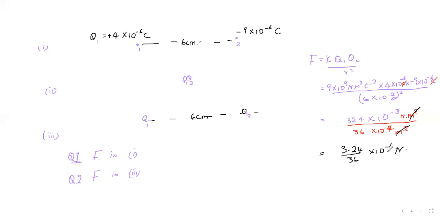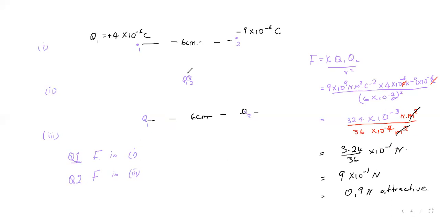So 324 divided by 36. That gives you 9. 9 times 10 to the power minus 1 Newton, which is 0.9 Newton. And it's attractive force, because these are unlike charges.